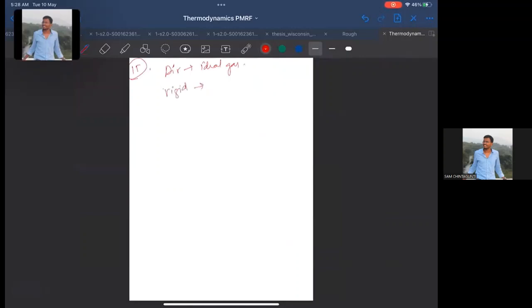The rigid tank is at P1 equal to 100 kilopascal, T1 equal to 300 Kelvin, and V equal to 0.75 cubic meter. Now the tank is heated to 400 Kelvin. That is state 2. T2 is equal to 400 Kelvin.